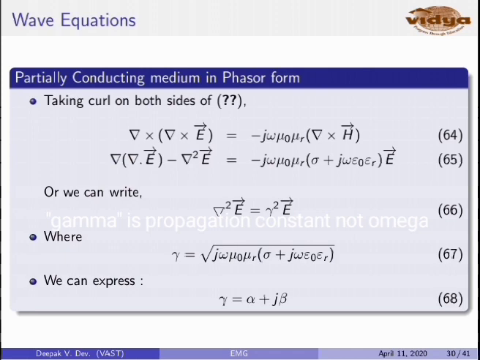So gamma is known as the propagation constant, and we can represent it as gamma is equal to alpha plus j beta. Gamma is a complex term, so it has a real part, termed alpha, and an imaginary part, termed beta. Alpha is known as the attenuation constant, and beta is the phase constant.